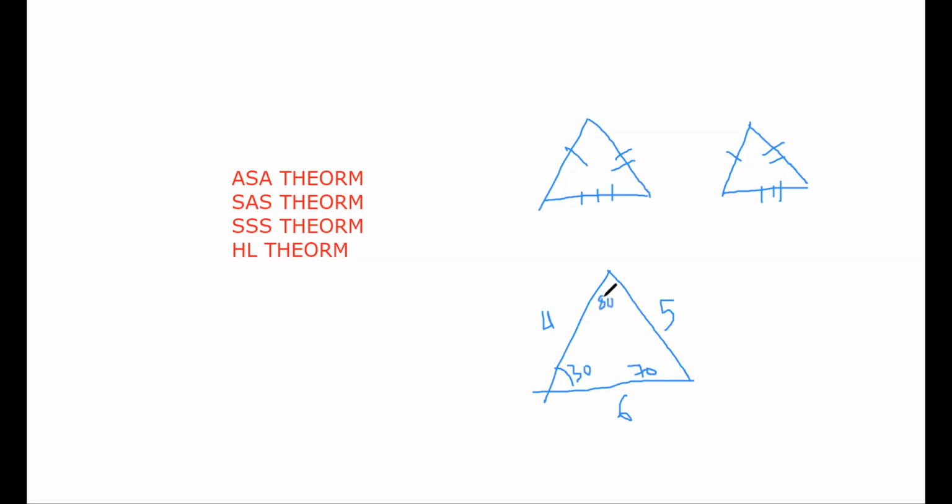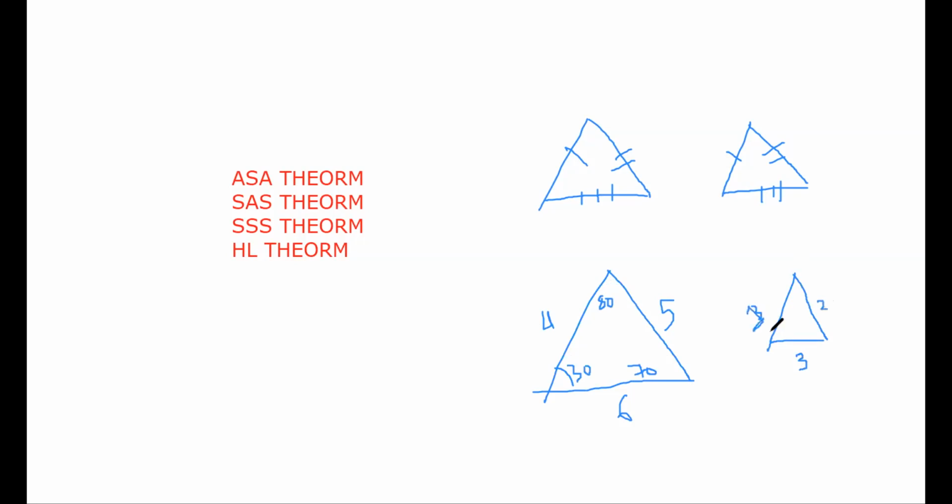If you try to do the math of 4, 5, 6, these would not actually be the angles, but it's just an example. And you have another smaller triangle. Let's say this was 3, this was 2, and this was 1.